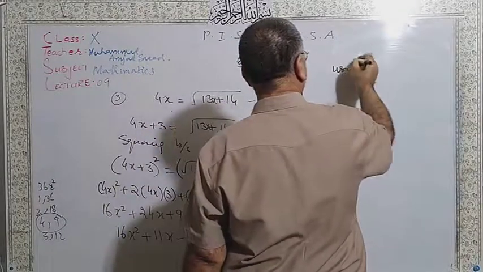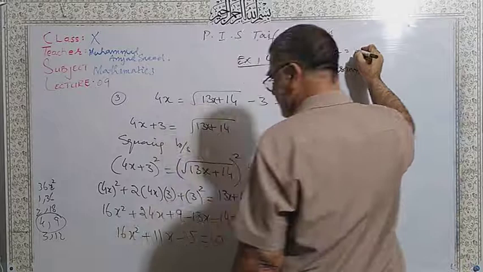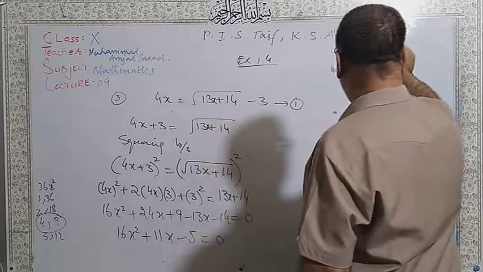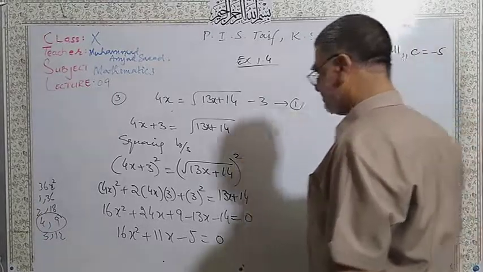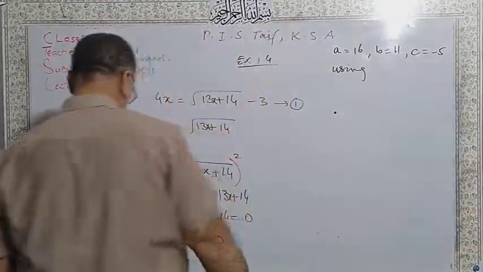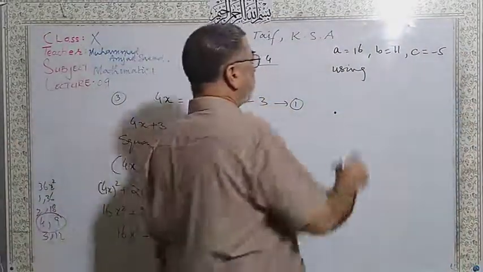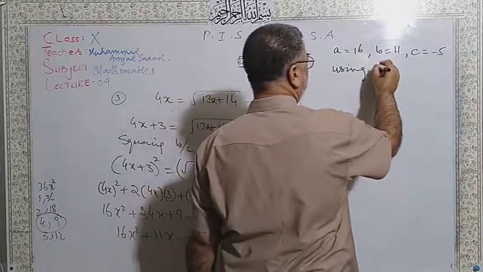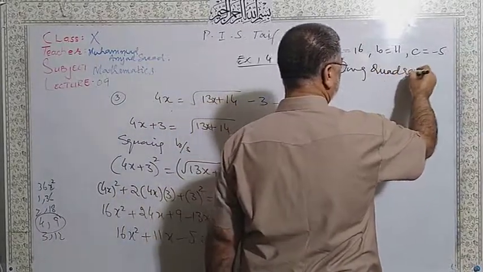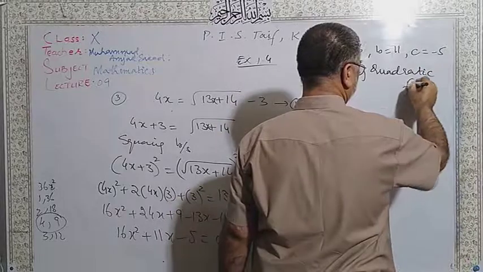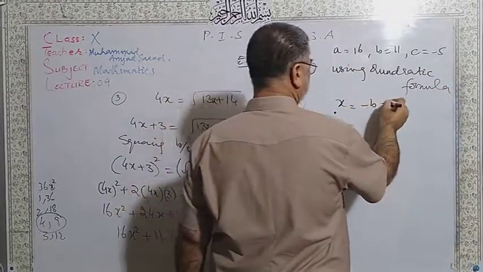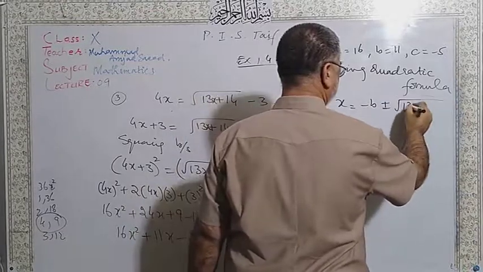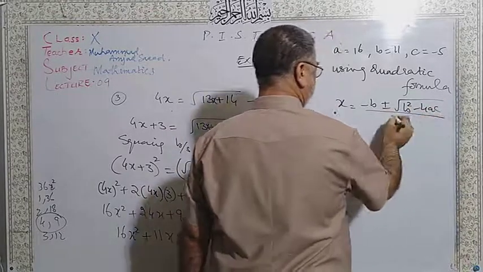First of all, we will write down A is equal to 16, B is equal to 11, C is equal to minus 5. Using the quadratic formula, x is equal to minus b plus minus the square root of b square minus 4ac, over 2a.